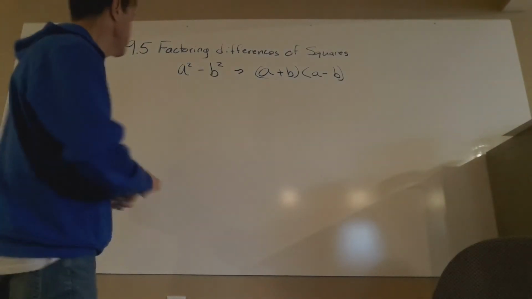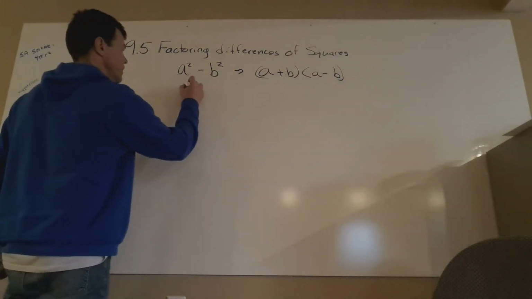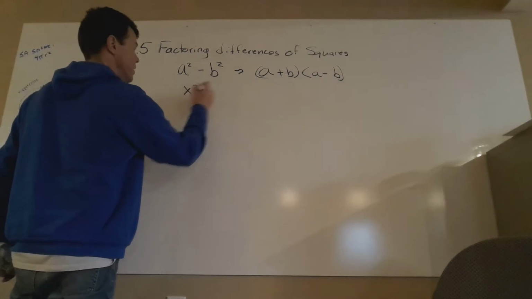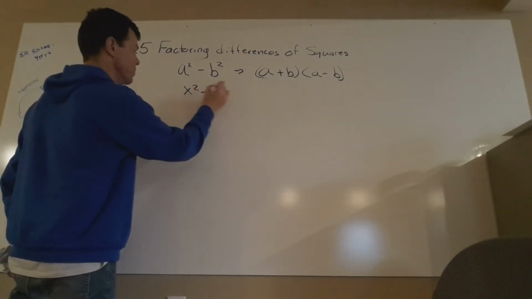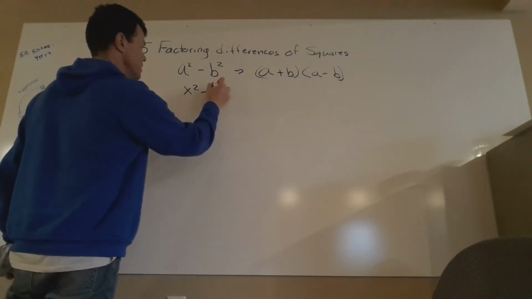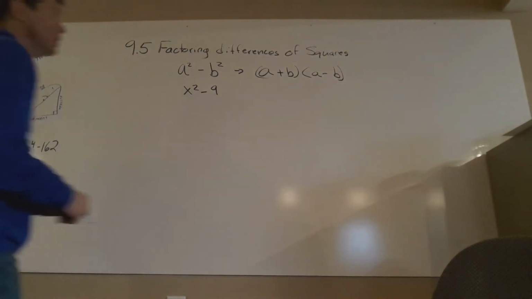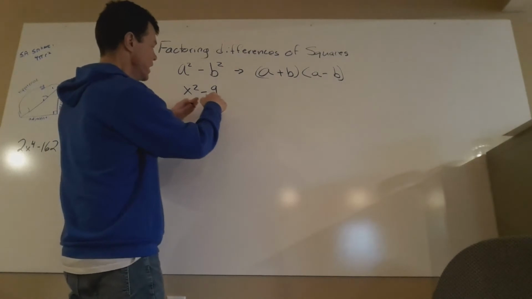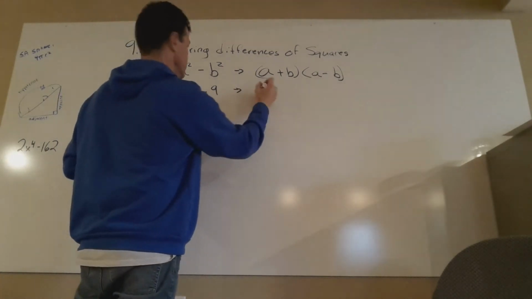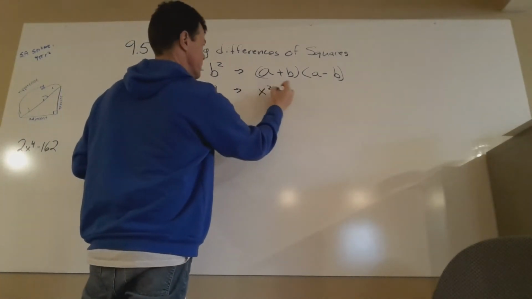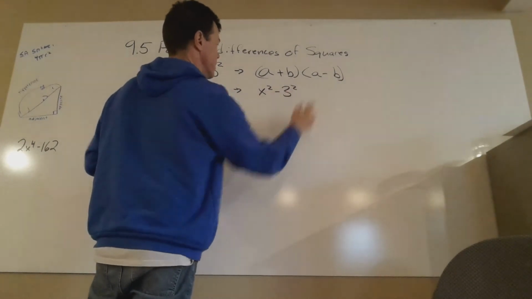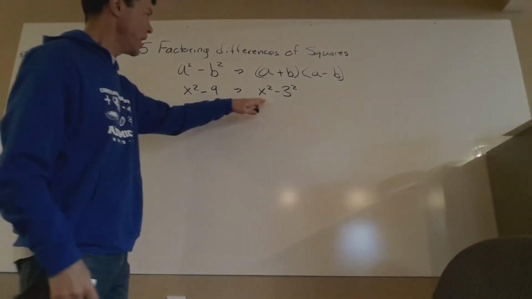Let me do some examples. Let's have x squared, which is a square, minus another square. Let's go with 9. We can take the square root of 9 to be 3, so it's 3 squared.